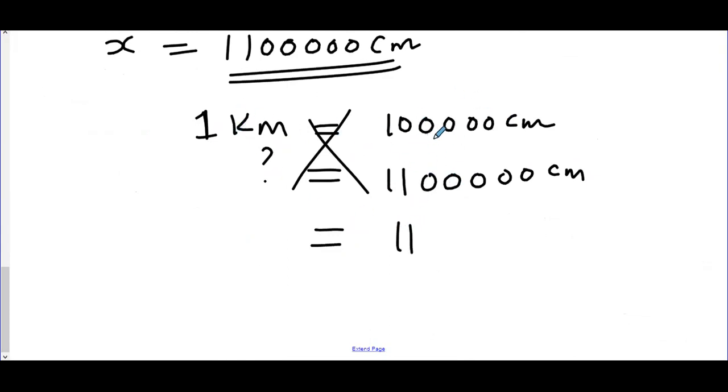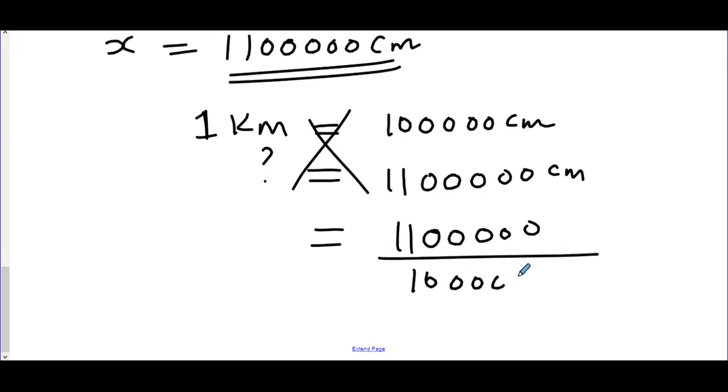So 1 kilometer equals 100,000 centimeters. Now you divide by 100,000. You can cross out all these 5 zeros, and the answer will be 11 kilometers.